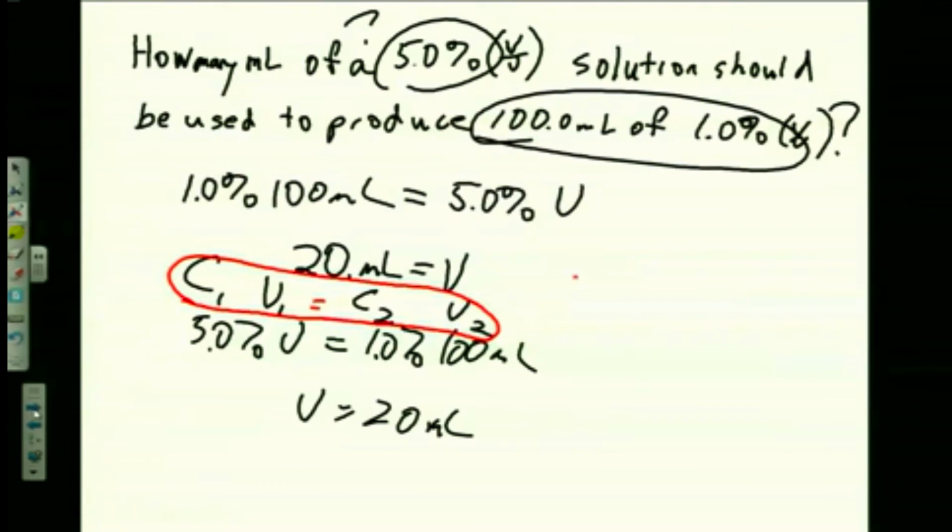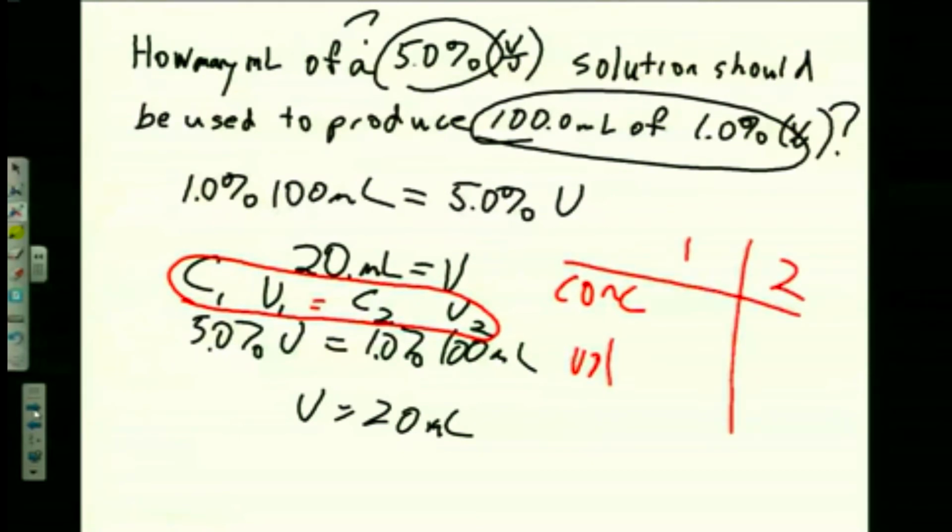Yeah, you could do a chart. I mean, you could do concentration and volume, 1 and 2. My concentration 1 is 5.0. Concentration 2 is 1.0. You could do it a lot of different ways.